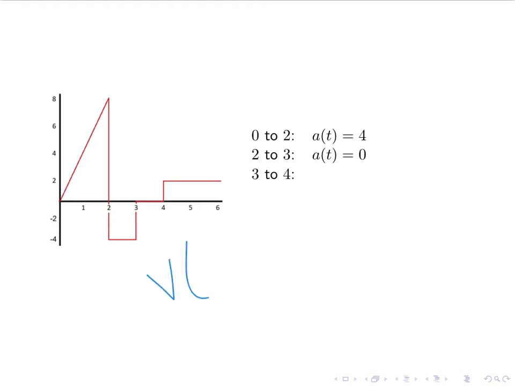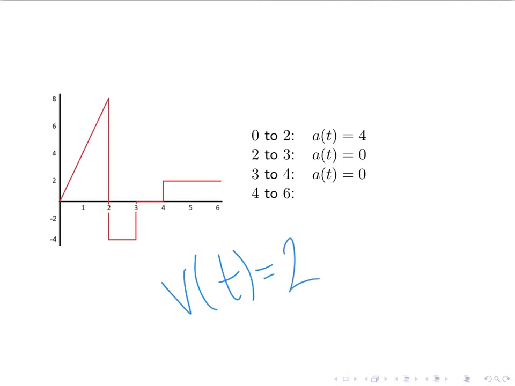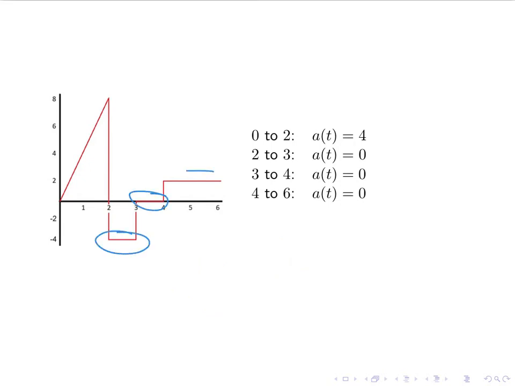From 3 to 4, my velocity function was 0, and the derivative of 0 is also 0. And then lastly, 4 to 6, my velocity function we found was 2. It's still a constant, so the derivative is still 0. And again, we can confirm these by looking at the fact that each of these guys are horizontal lines, and the derivative of a horizontal line is 0.